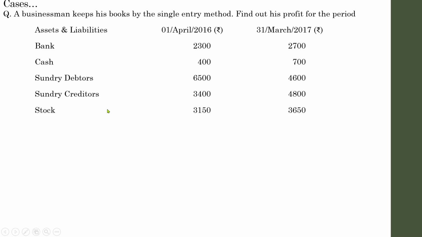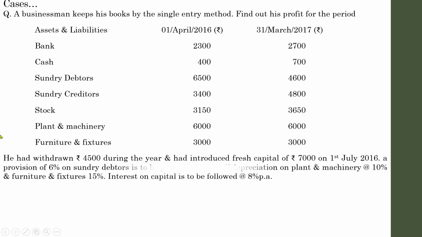Stock is also there. Plant and machinery, furniture and fixtures, and apart from that, some additional information is also there. That is, he had withdrawn 4,500 during the year and introduced 7,000 as fresh capital, that is additional capital, on 1st July 2016.